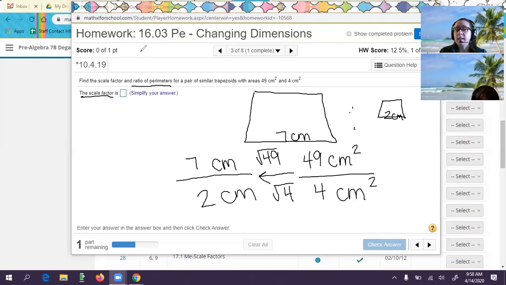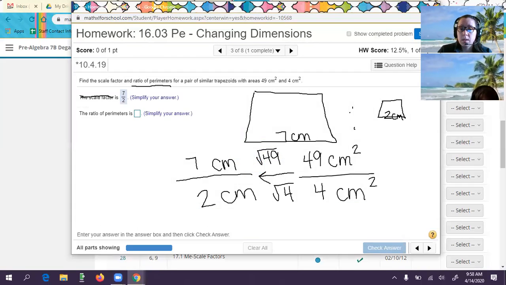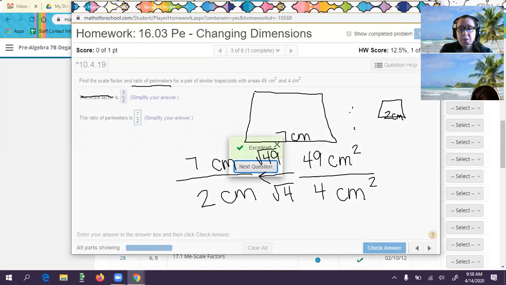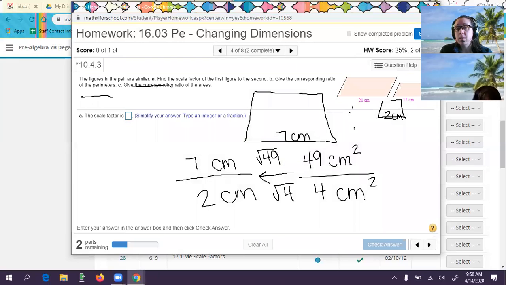So the scale factor would be 7 over 2. And the ratio of the perimeters is exactly the same, 7 over 2. Yay, we're so smart. Does that make sense, guys? So if they give you areas, take the square root to get the sides or the perimeter.